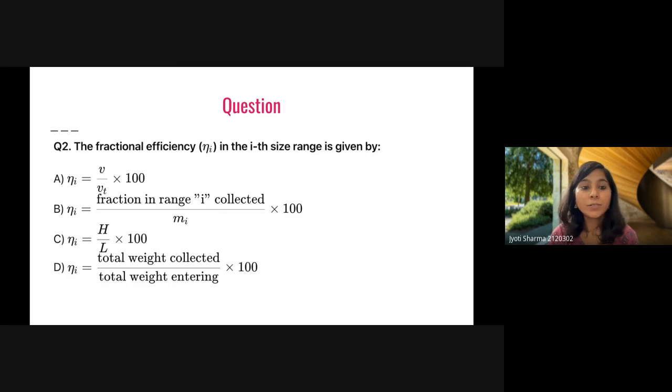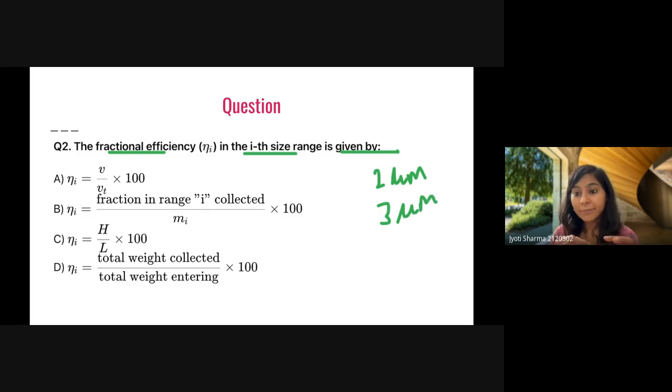Okay, the next question is, the fractional efficiency in the ith size range is given by. It is not like we have just a 2 micrometer diameter particle; we may have a 3 micrometer diameter particle, we may have 10 micrometer as well.